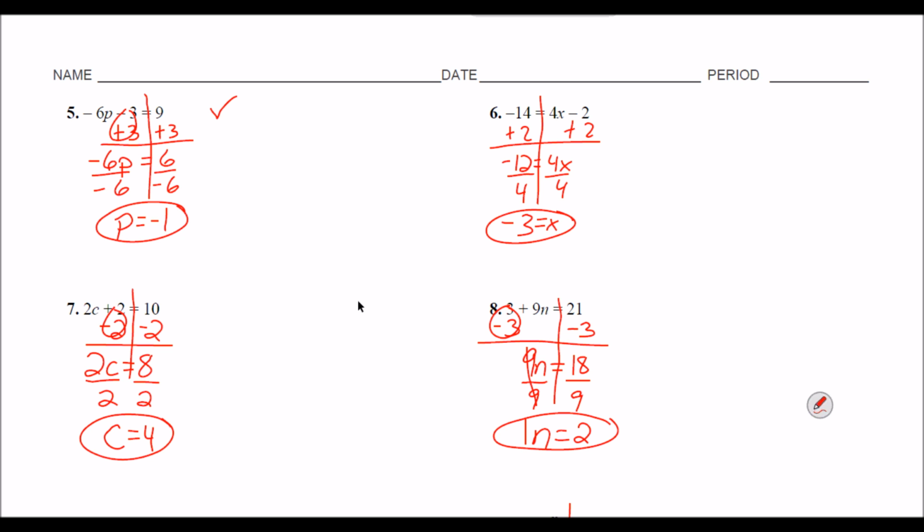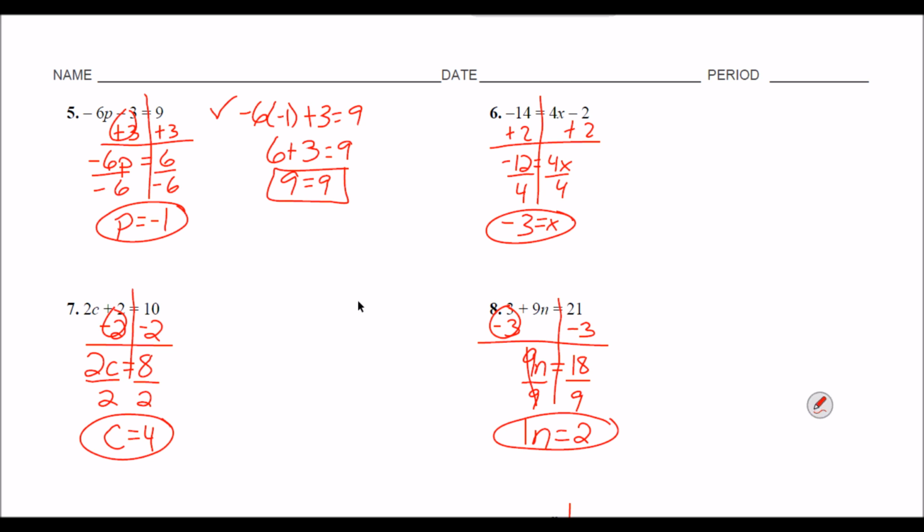So number 5, we have negative 6 times negative 1 minus 3 equals 9. Negative 6 and negative 1 becomes 6. Sorry, that's a plus sign there. 6 plus 3. And 9 equals 9. So we know that number 5 is okay.